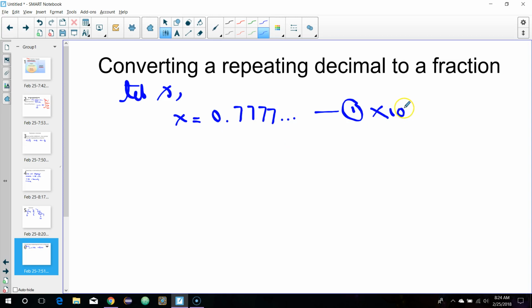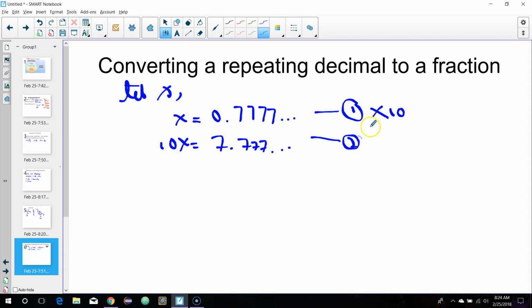So if I do that to the first equation, I get myself a second equation, which is 10x is equal to 7.777. Just moving the decimal is not going to change the structure of this number. It's still going to go on forever, and the repeating decimal is going to be 7. So this is my second equation.